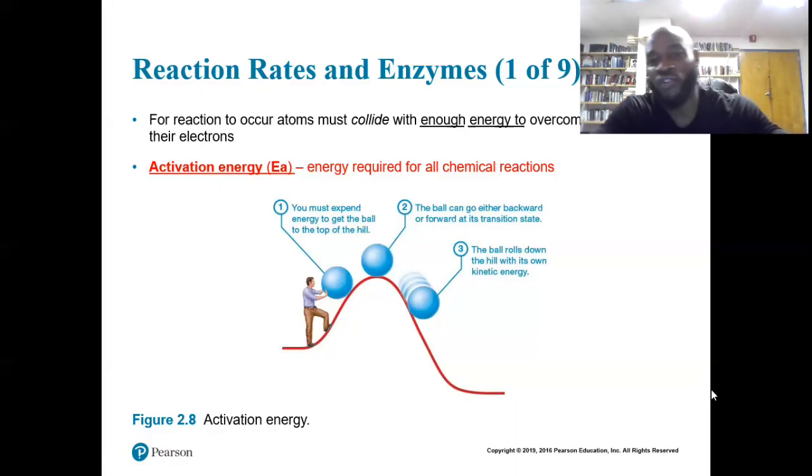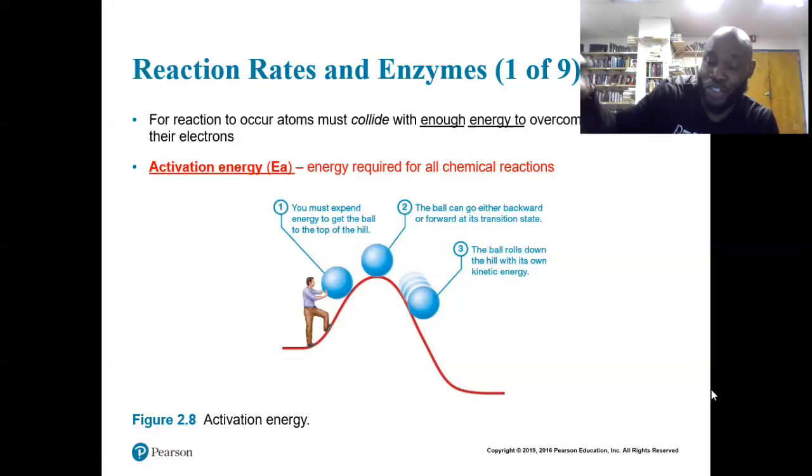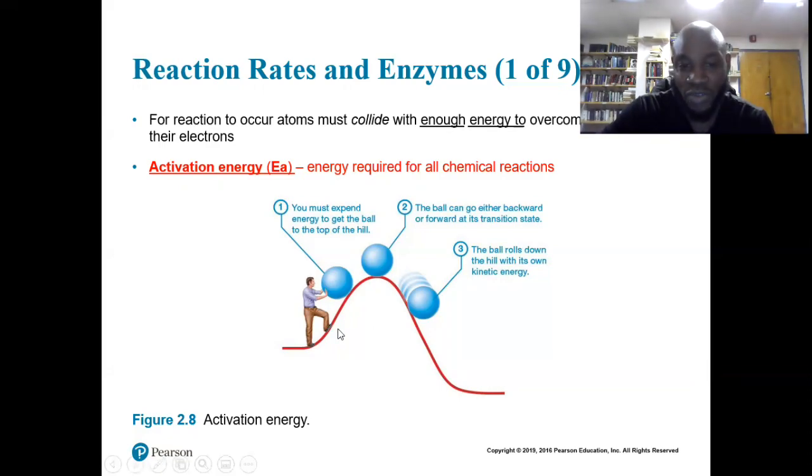Activation energy is required for all chemical reactions, right? So if you remember that ball on top of the hill, to get that ball to the top of the hill, where we have all of that potential energy, somebody has to push it up there, right? That energy to get to the top is called activation energy in the sense of chemical reactions.